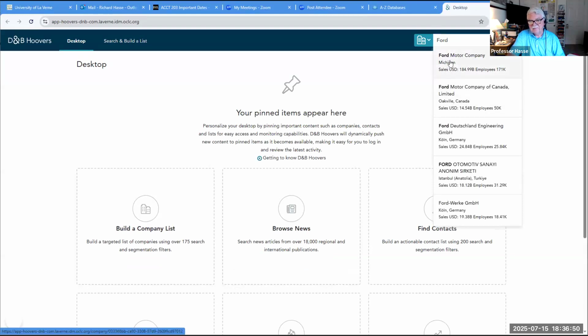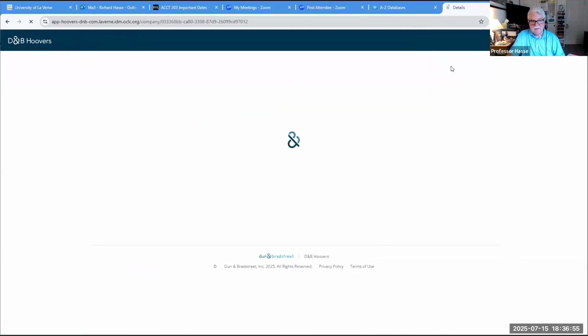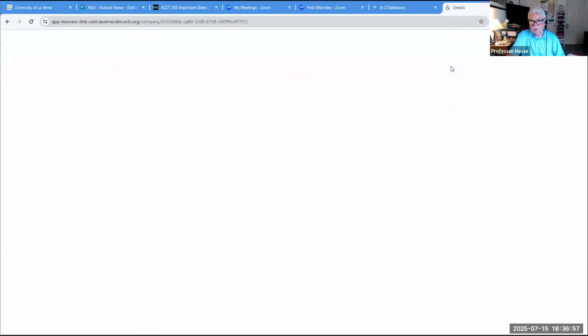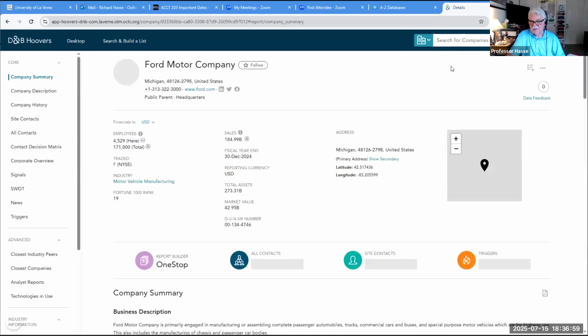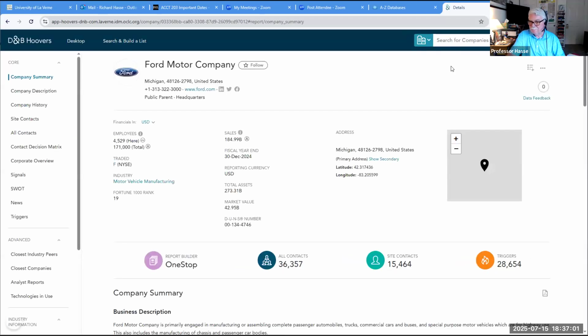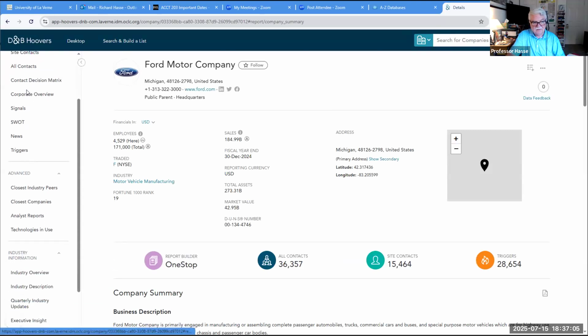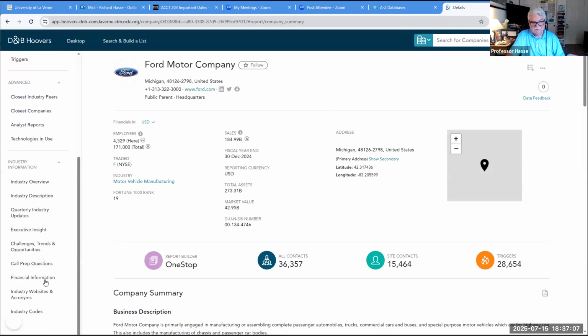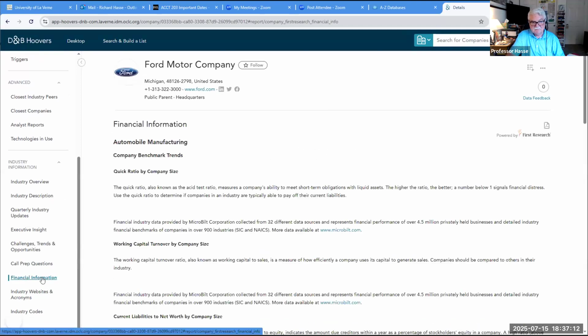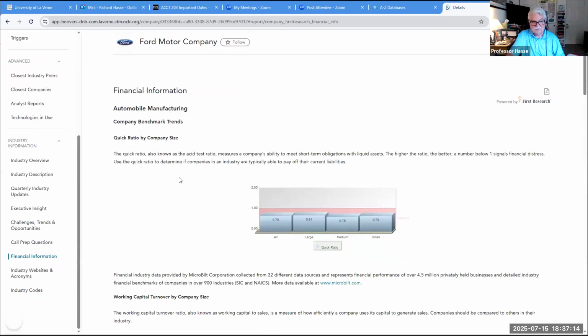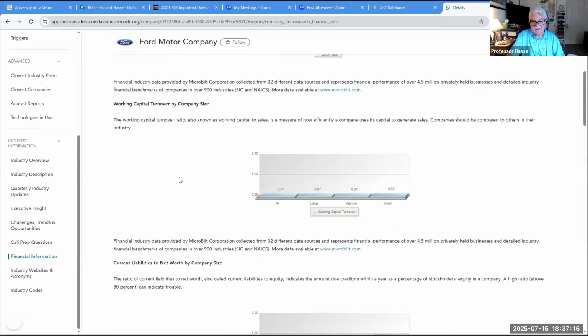You click on that, and up will come everything you wanted to know but were afraid to ask about Ford Motor Company. And in this left-hand column is all kinds of information, financial information. Click on that. It gives you a lot of ratios of the company. How about that?